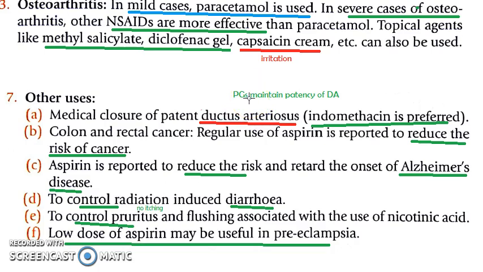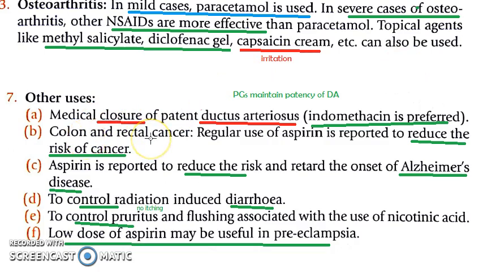You will give only prostaglandins. But once you have done the surgery and you want to close the ductus arteriosus, medical closure, normally it will close by itself. If you want to do medical closure of the ductus arteriosus, you can give NSAIDs. In that case, you will give indomethacin. To close the ductus arteriosus, you will use indomethacin.